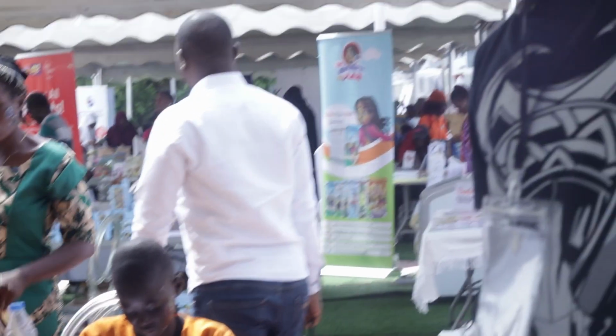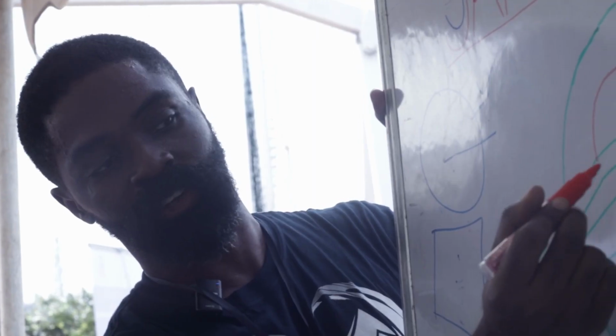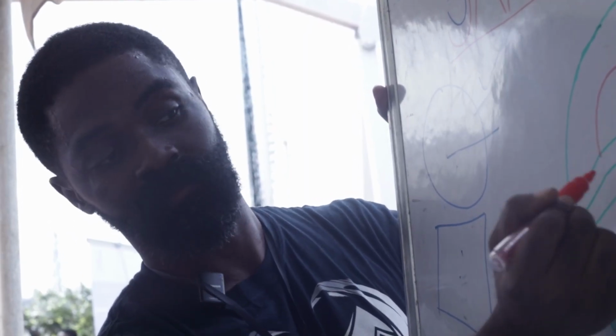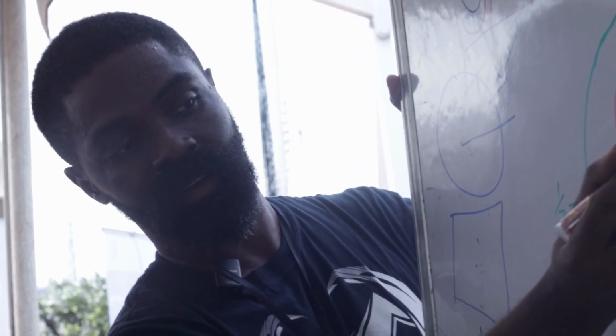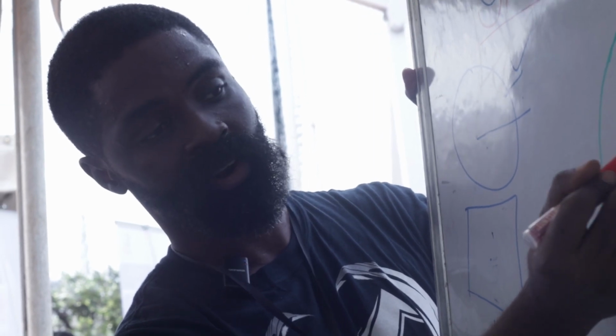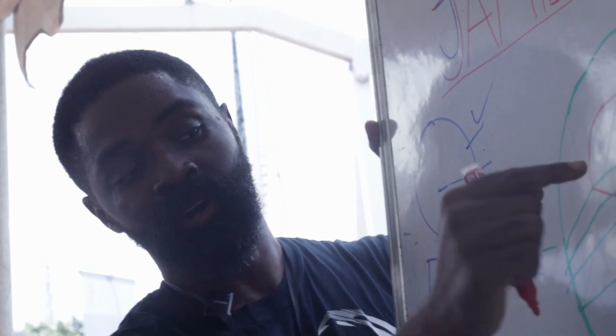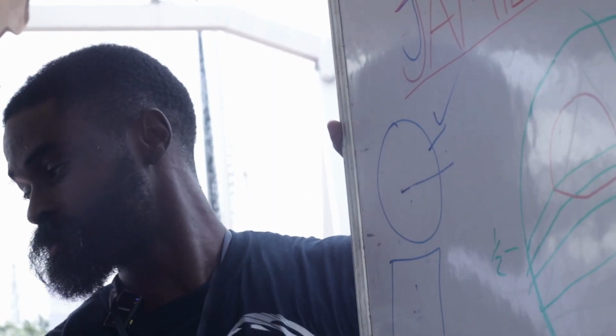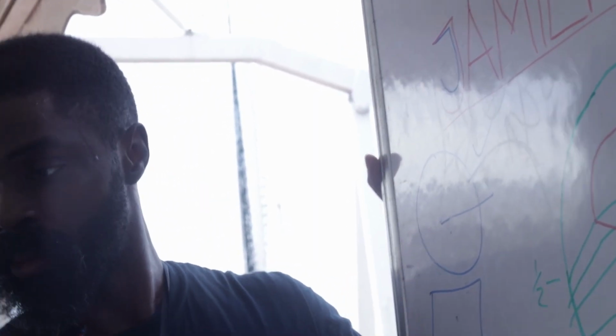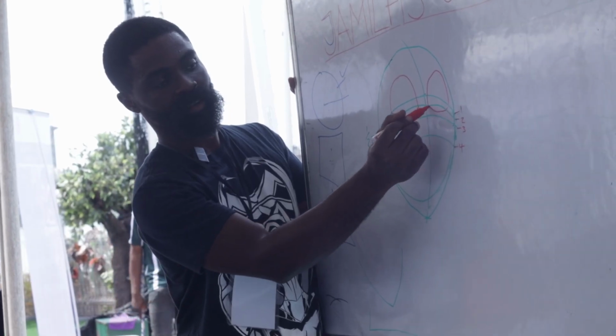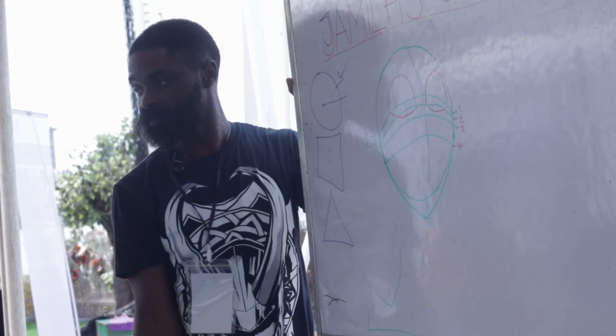Is everyone here? Okay, now we're going to draw a curve that connects these two lines. Are you seeing? It can go beyond, it can be above, but this has to be a curve that touches both of them.